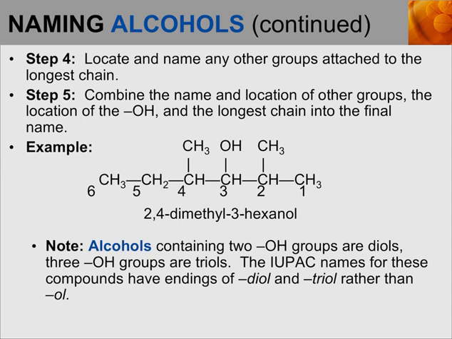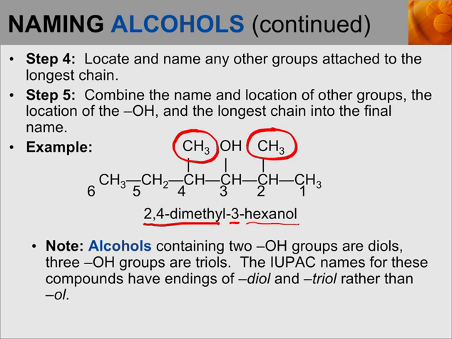So down below, we have, again, hexanol, and again, the OH group is attached to carbon 3, but now we have 2 methyl groups that are attached to carbon 4 and carbon 2. So we're going to add 2,4-dimethyl in front of 3-hexanol.